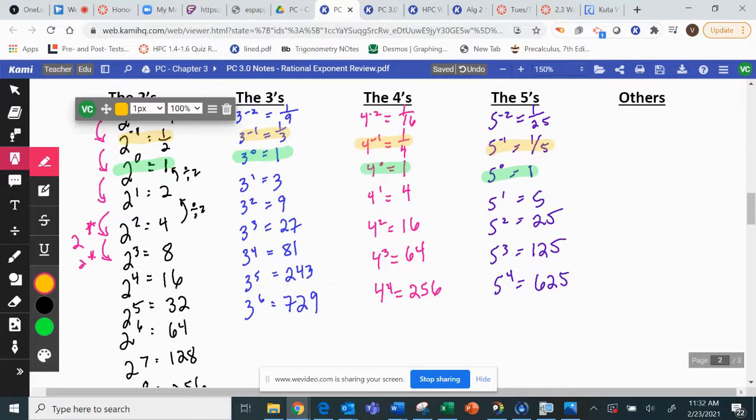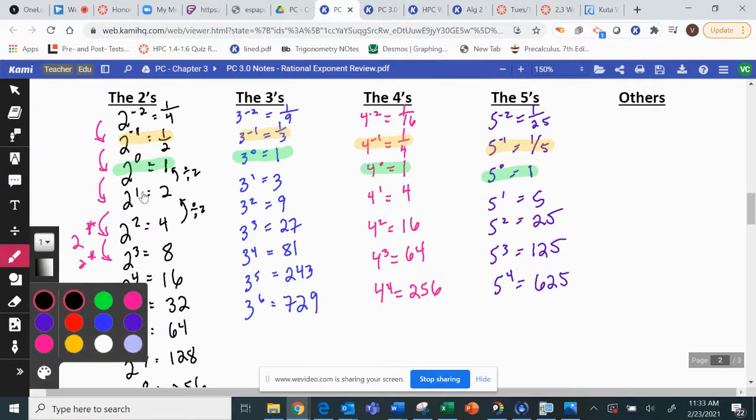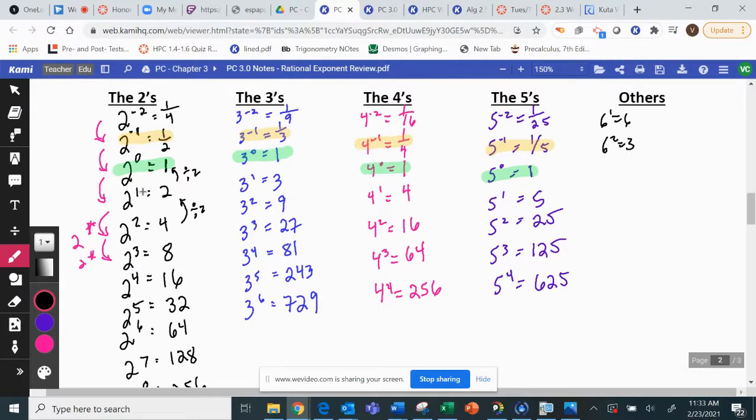It's reciprocating each of those numbers. So I'm not going to repeat the first 3 in my other category. These are patterns that if you know the 1, 2, 3, 4, 5 powers, you should be able to definitely find these. Non-calculator. So I'm just going to repeat some others, like higher numbers that you should probably have memorized. 6 to the first, 6 to the second, and 6 to the third is 216.